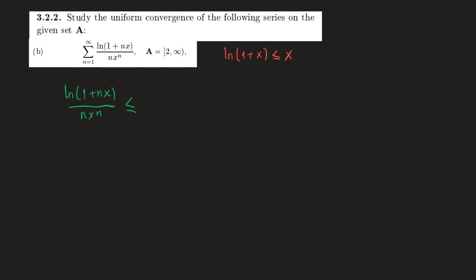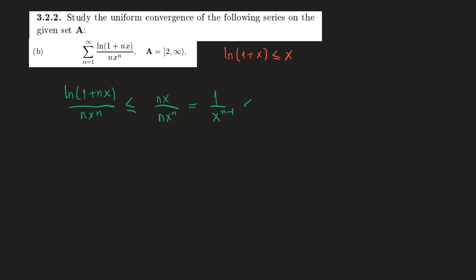Using this inequality, I have nx over nx to the power n, which is equal to 1 over x to the power n minus 1. And since the domain is from 2 to infinity, this x is always bigger than 2.